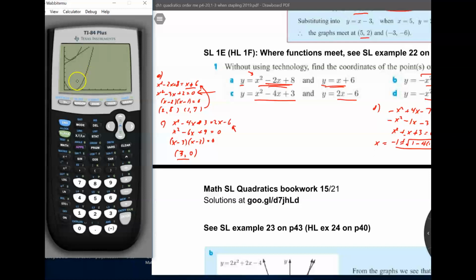So do you see how the x coordinate of the intersection here lines up with where the new quadratic crosses the x-axis? So that's 1, 7, right? And 2, 8, which is the intersection here, lines up with where the new quadratic crosses the x-axis.